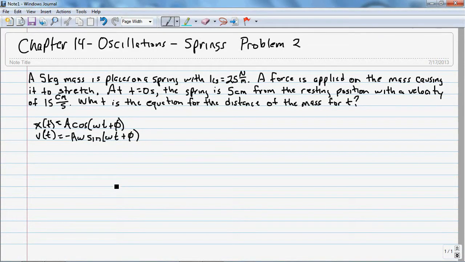And what we're really looking for with these two equations and the information in the problem is the values of a and phi. So how would we do this? Well, first let's put in 0 for t.